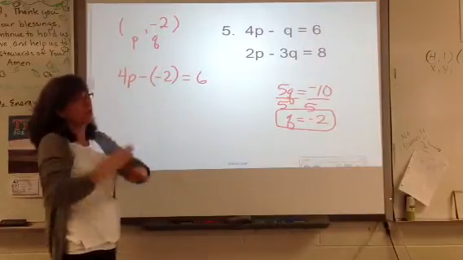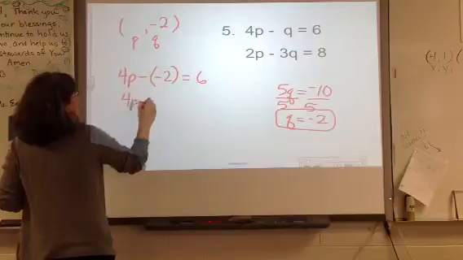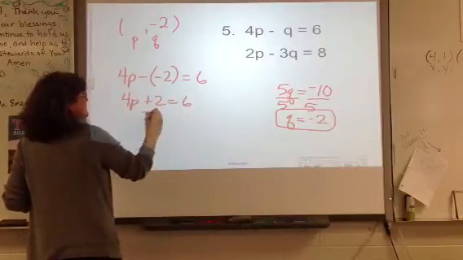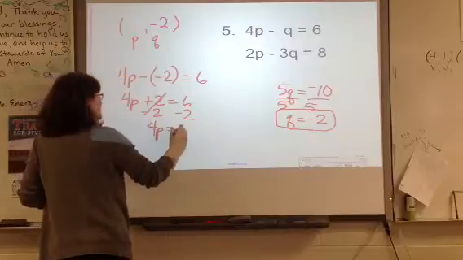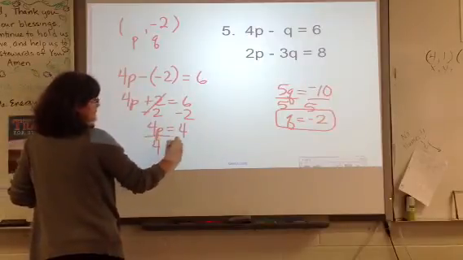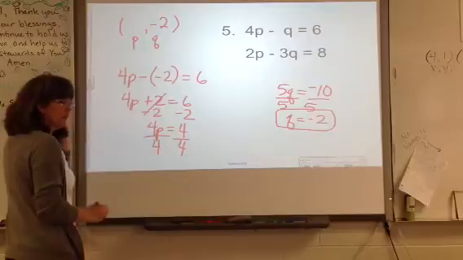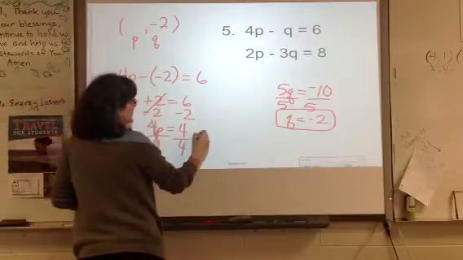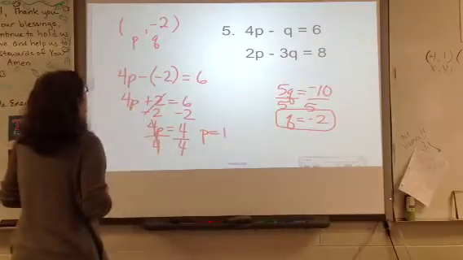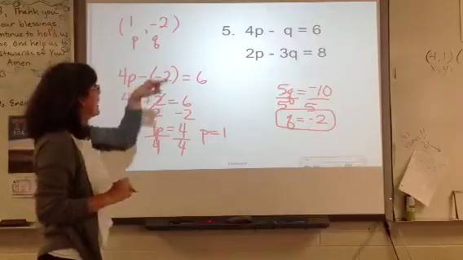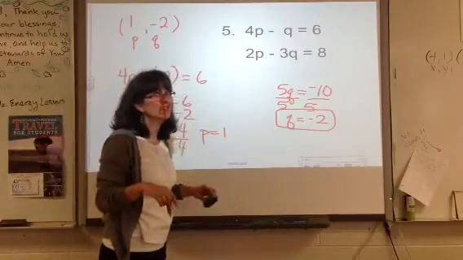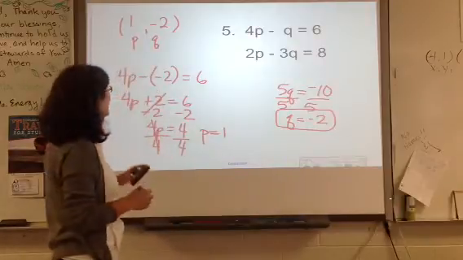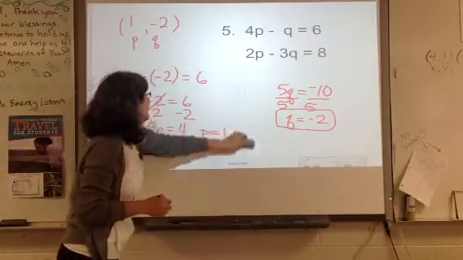Remember our dance moves. 4p plus 2 equals 6. Subtract the 2. 4p equals 4. P equals 1. And you can pop it back in there and check and make sure.